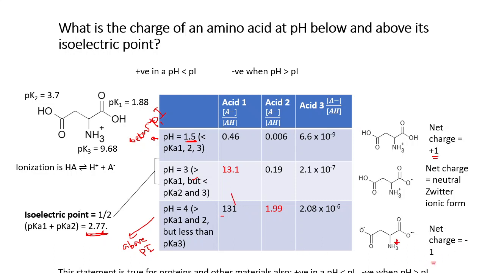So you can use this as a general statement: positive when the pH is below the isoelectric point, and negative when the pH is above its isoelectric point. And the important point here is that this statement is true for proteins and peptides and other materials also. So it is positive below its isoelectric point, and negative when it is above. Okay, so please do remember this.